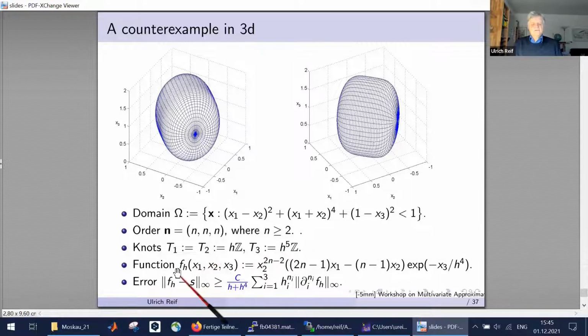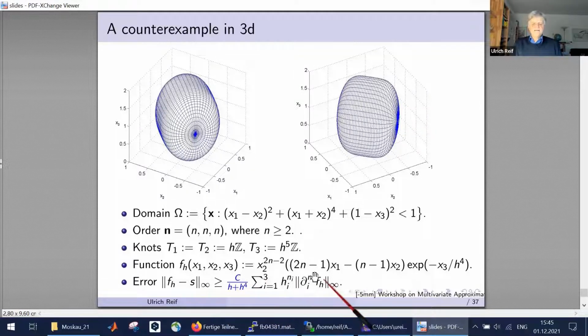And now here is a special function which should be approximated. This function depends on h in the following way. We have a polynomial, and you see it here, some exponential function and so on. And for this specific function, you can show that the approximation cannot be better than this expression here.